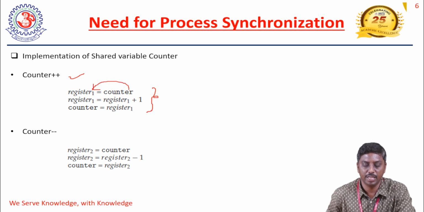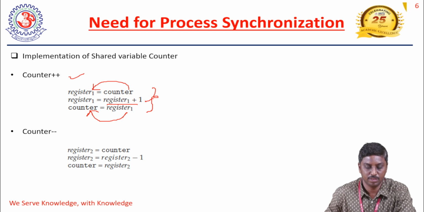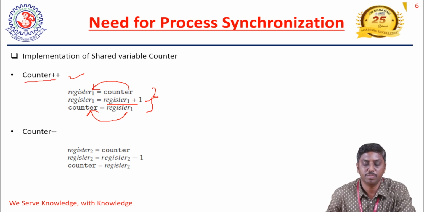Then the addition is performed on register 1, register 1 plus 1. Then once register 1 is updated, it is stored back to the variable counter. So that single statement counter plus plus is equal to 3 machine level statements.